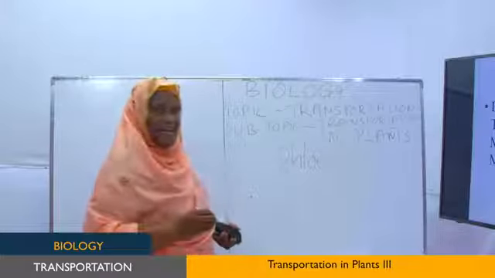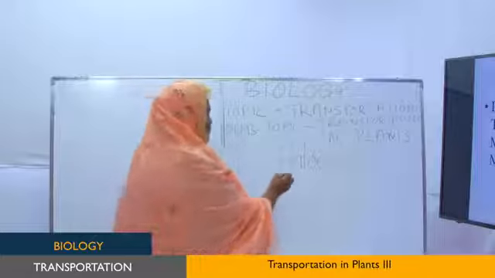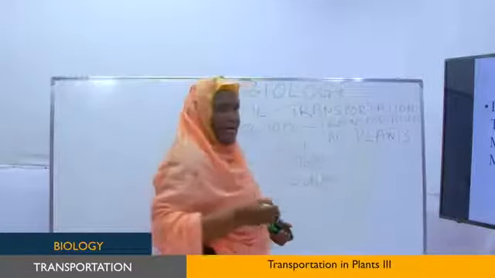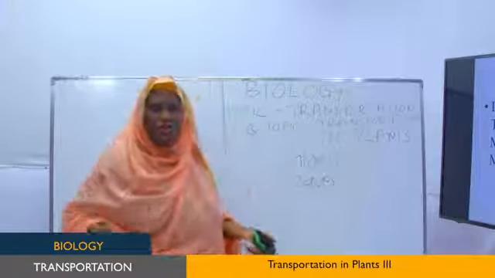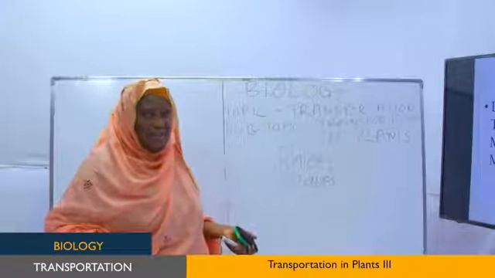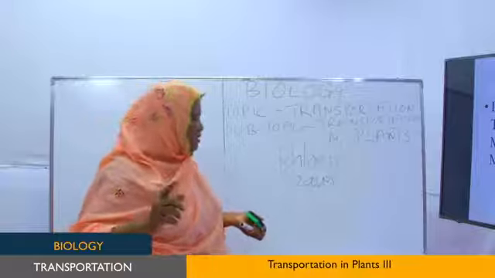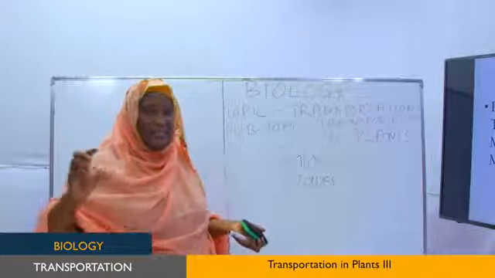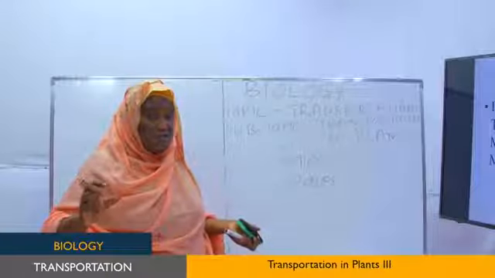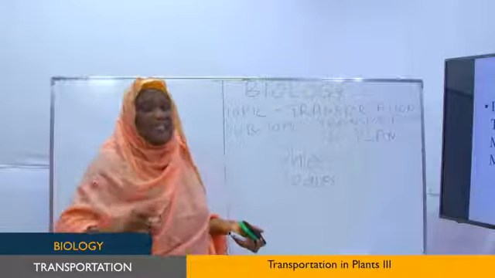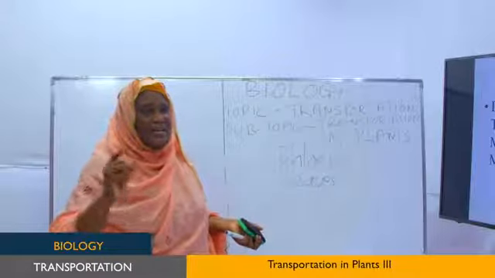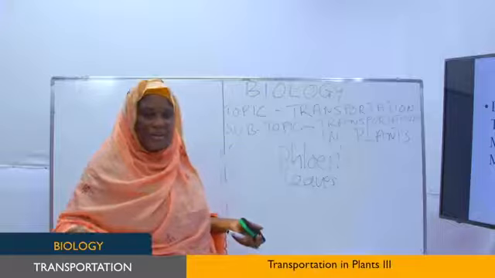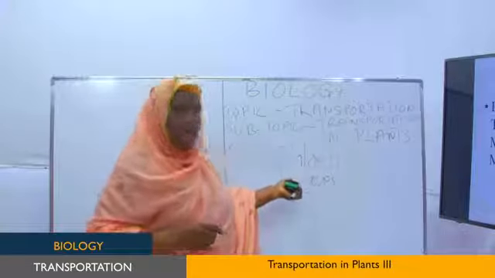Food is carried from leaves and all other chlorophyllous cells. When I say chlorophyllous cells, I think you understand: the cells with the chlorophyll, because photosynthesis takes place in those cells with the green pigments, particularly leaves.